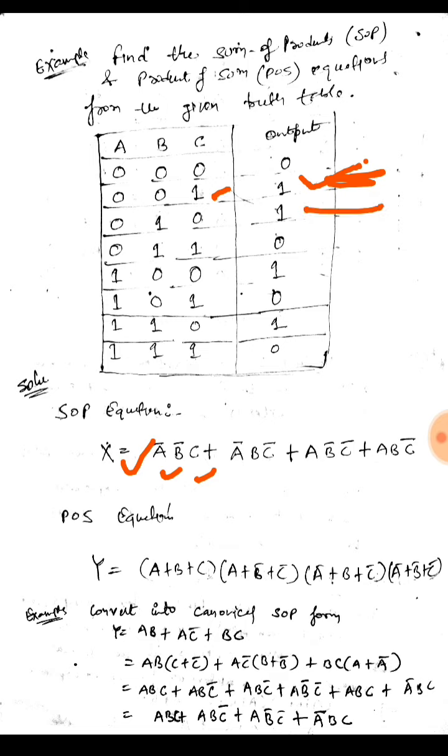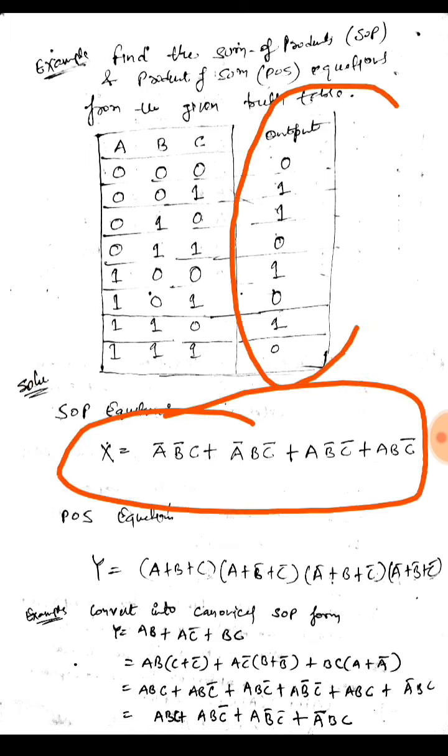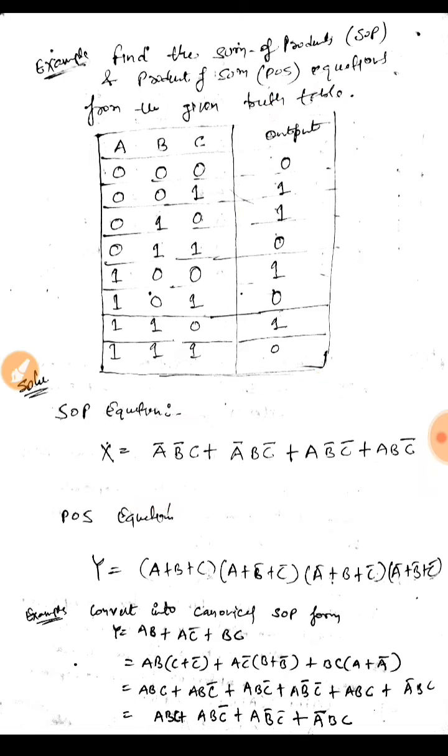Similarly, it is high for this combination, that is a bar, b and c bar. Similarly, I can write for these two values as well. So this is my sum of product form for the given output.